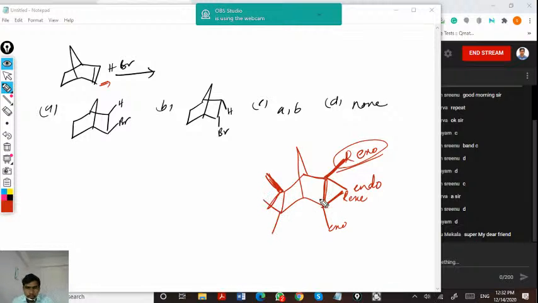So when a double bond is there, from the upside these are the two hydrogens, from the downside these are the two hydrogens, and these are the hydrogens. So this is the kind of system which is present.